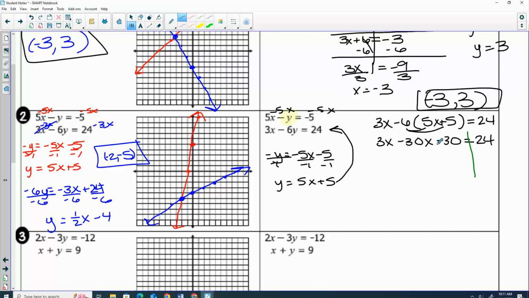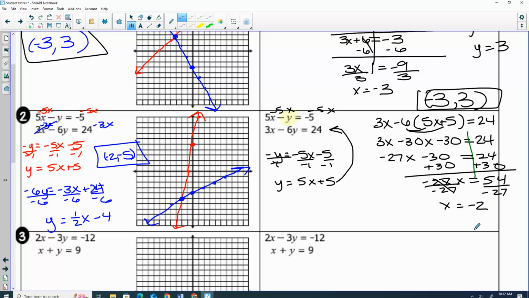These are on the same side, so we just combine them. So 3 minus 30 is negative 27x. Add the 30 over. We get negative 27x equals 54. Divide by negative 27, and x is -2.